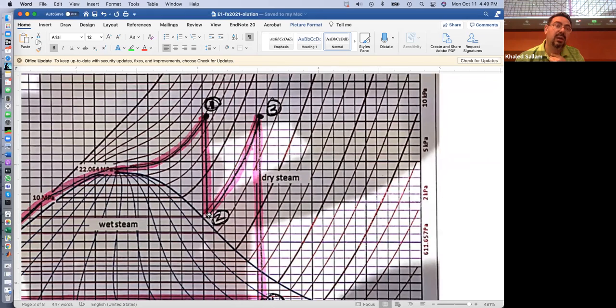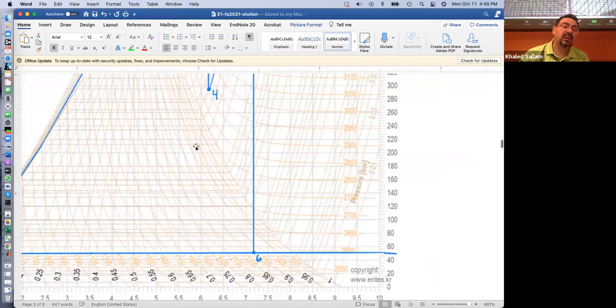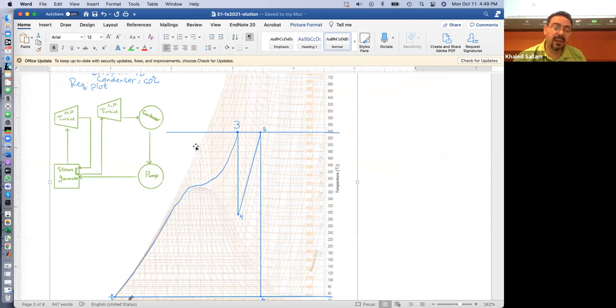Tell me what you did for point 2, because what do we know about point 2? We knew 625 psi. We know the pressure, right? We know it's 43 bar, and we know that it is under 1. So why is it under 1? That's kind of what I did. I came down to a specific point and then back up. I was thinking to do it that way rather than using the 75%.